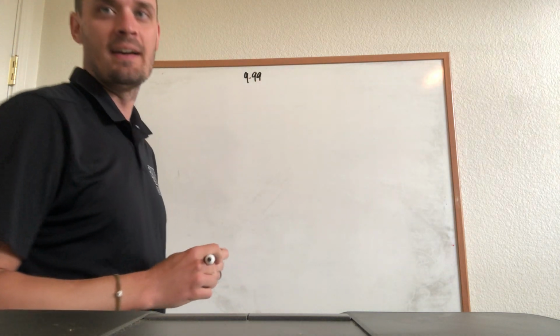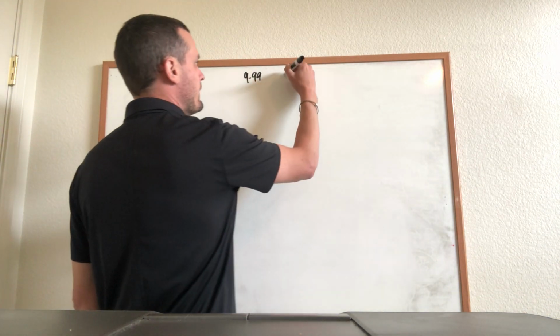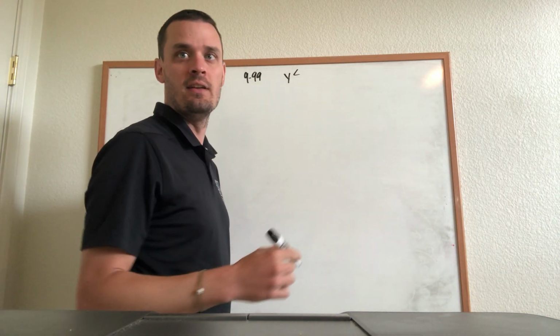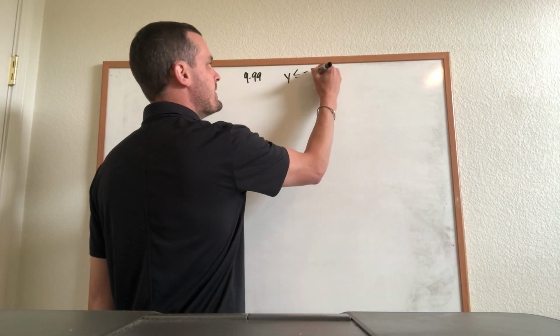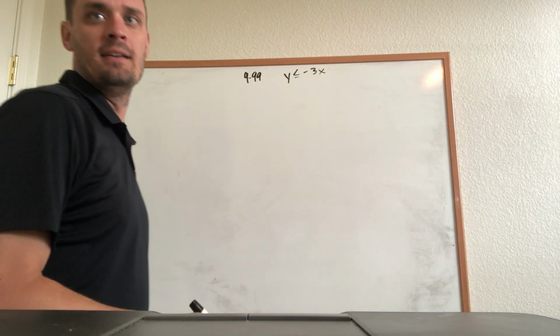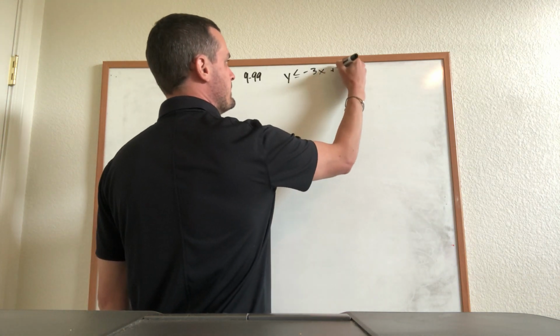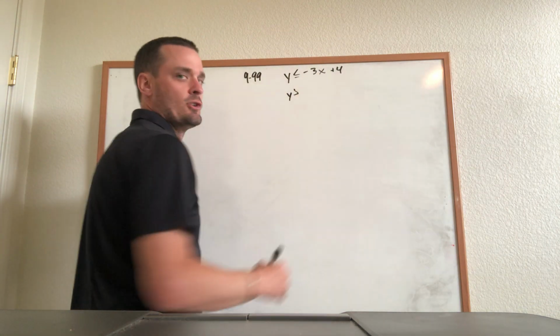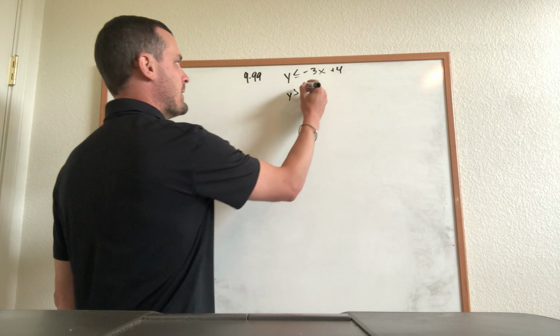It gives you two inequalities and asks if a point fits the inequality. So we get y is less than or equal to negative 3x plus 4, and y is greater than 5x minus 2.